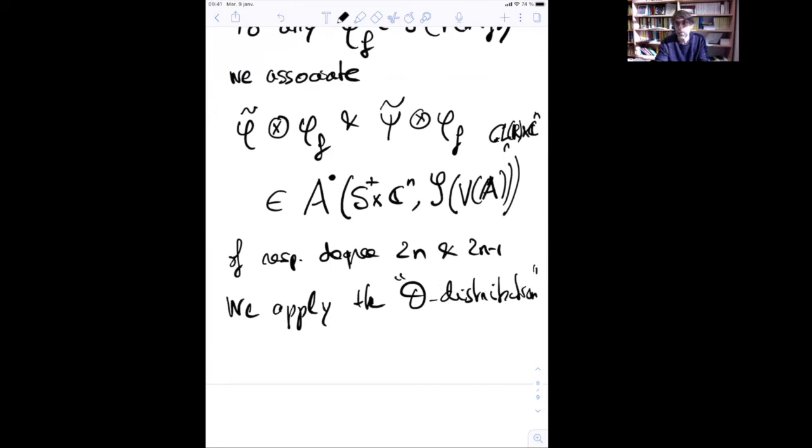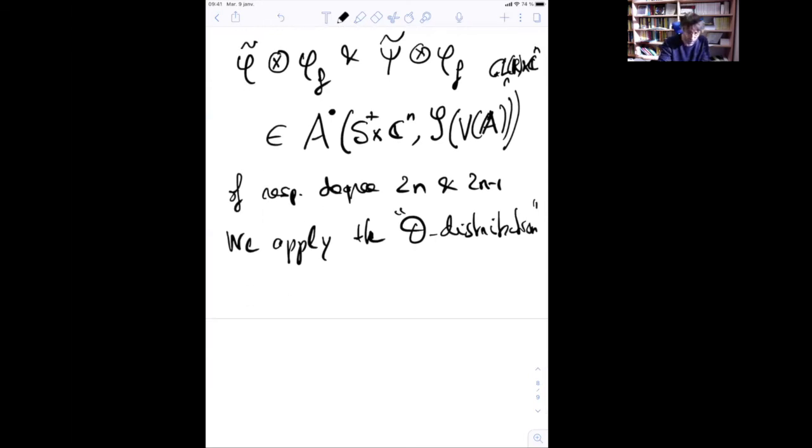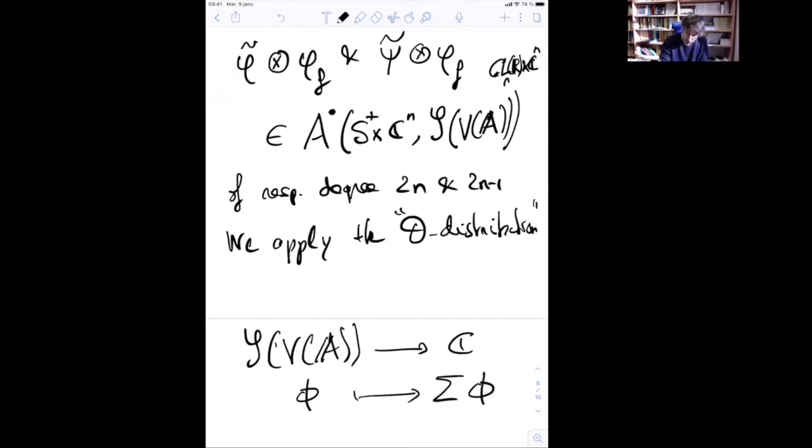But we don't want to evaluate at a point, we want to sum over the lattice. So the theta distribution is just the map from the whole Schwartz function to C which consists in summing over all the lattice points.